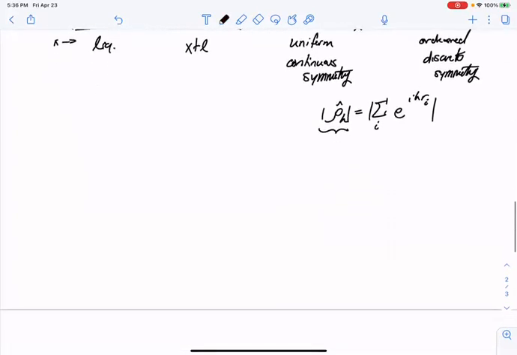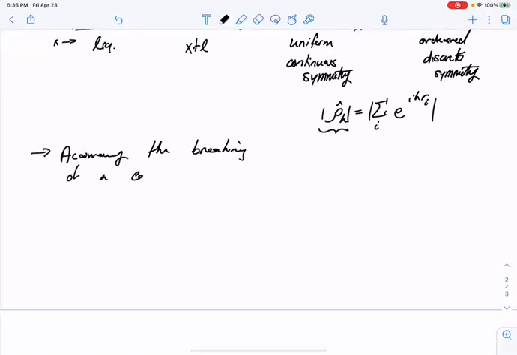Okay, so accompanying the breaking of a continuous symmetry is something known as a Goldstone mode.